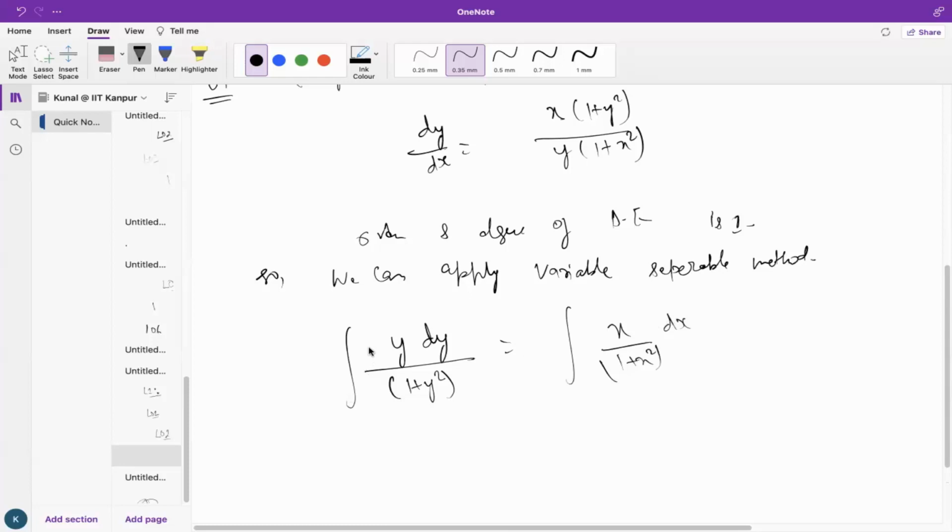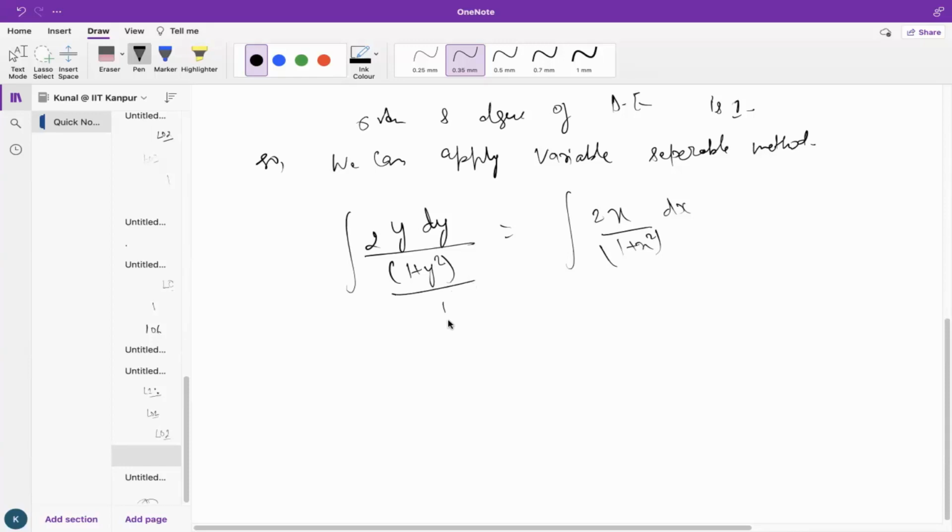Now do nothing, just multiply by 2 on both sides. If this is our f, this is our df, and if this is our g, this is our dg. So integrate both sides. This is nothing but the integration of 1 by f df, which is ln.